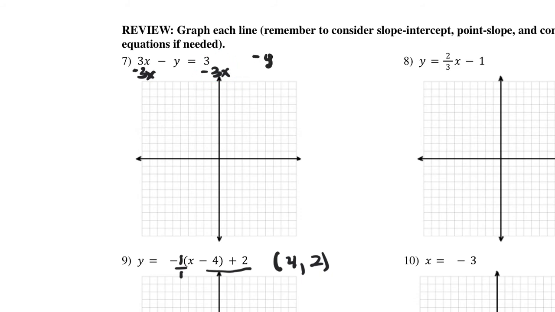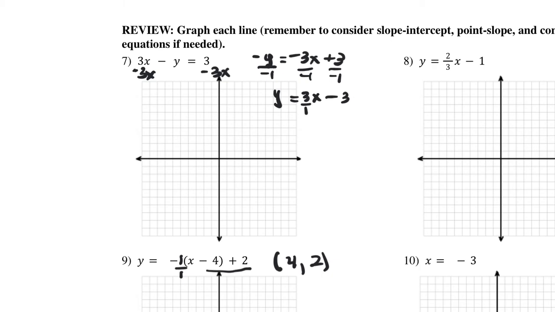After I simplify this, I'd have negative y equals negative 3x plus y, because these were not like terms. But I have negative y still, and I need to get rid of that. So I could divide everything through by -1, and I would have y equals positive 3x and then -3.